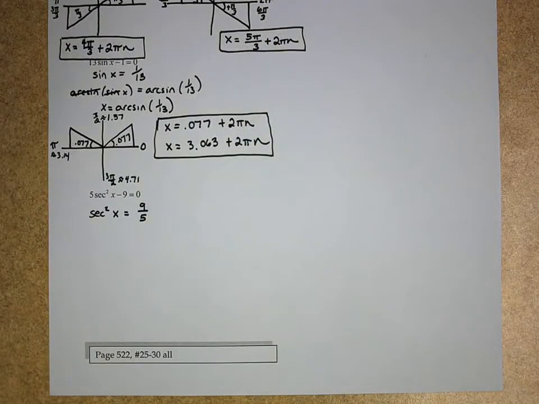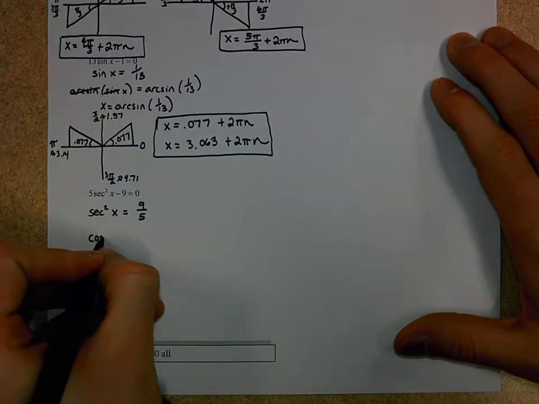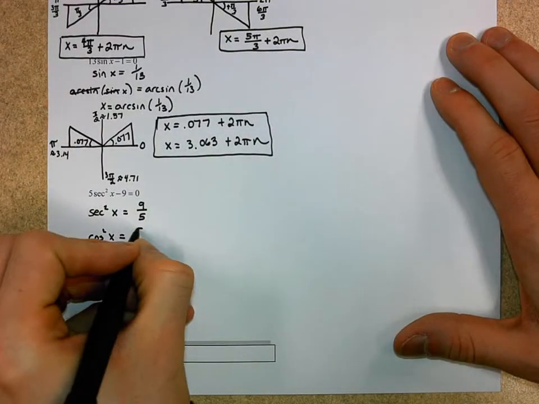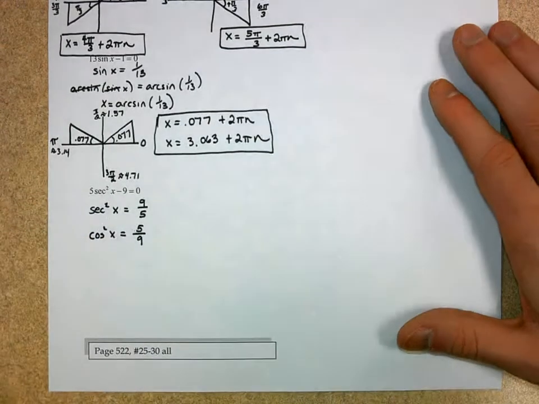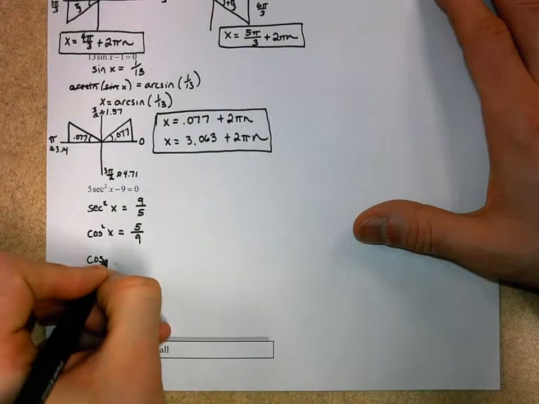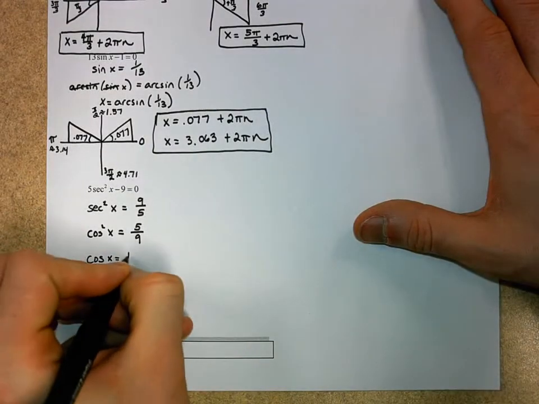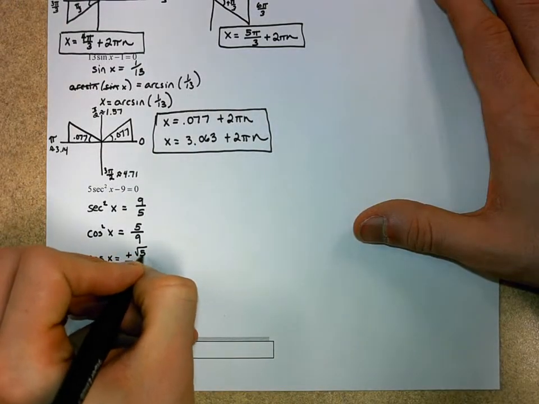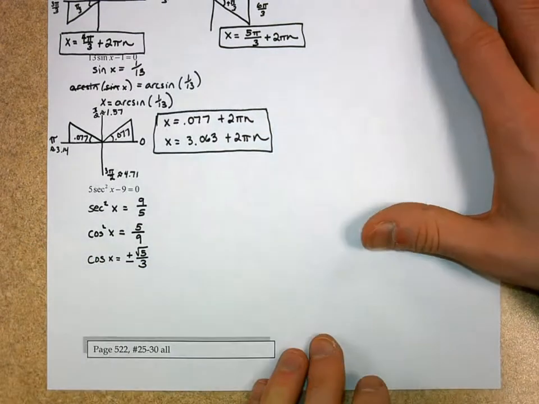Now before we take the square root, let's get rid of that secant and convert to cosine. We know secant is the reciprocal of cosine, so we can convert this to the cosine squared of x, and then we'll flip the fraction over there. We'll take the square root to both sides, so then the cosine of x is going to be plus or minus the square root of 5 over 3.